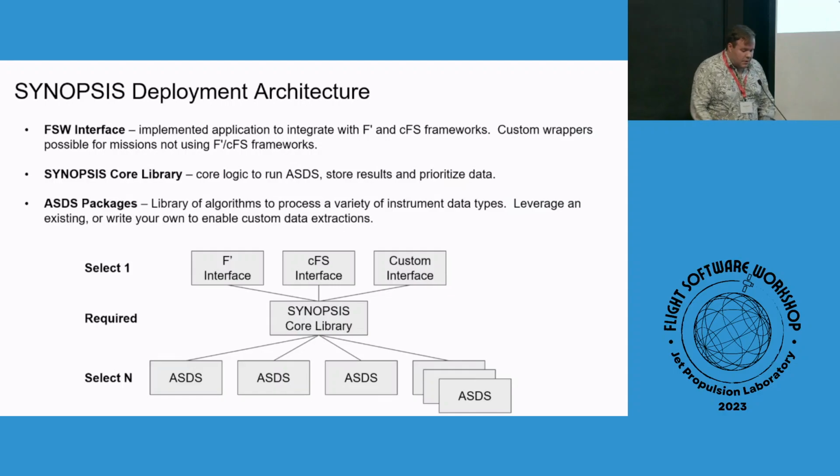The first is your flight software environment. And if you're using something like F prime or CFS, the idea is that we would have a component or an app for those, and those are things that are being developed now, so that you can just drop it in as a component to these kind of common software libraries. Or if you're using a custom implementation, right, you could just take your custom implementation and write the interface to the SYNOPSIS core library.